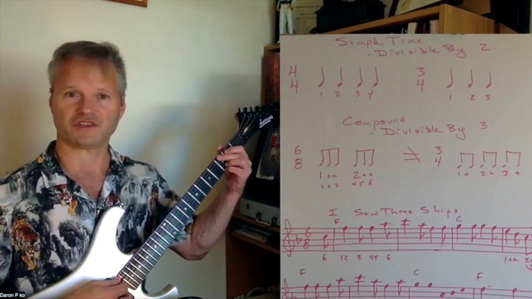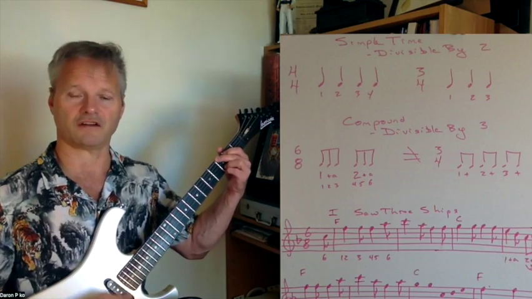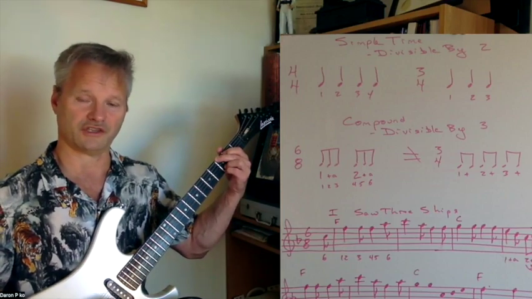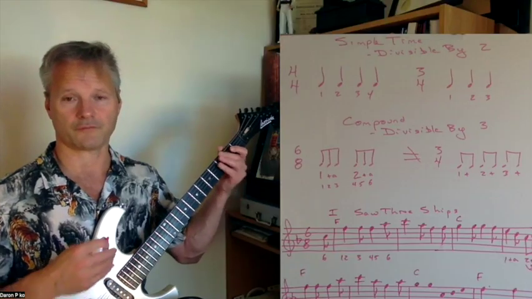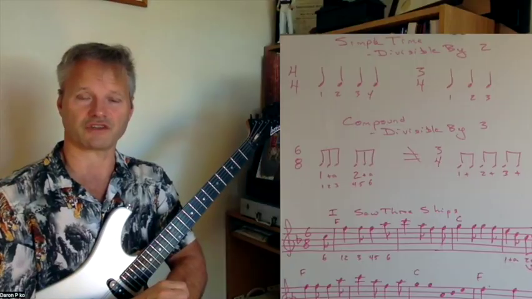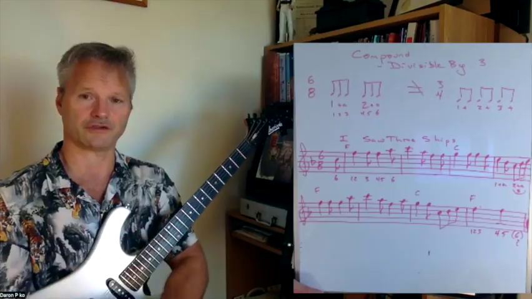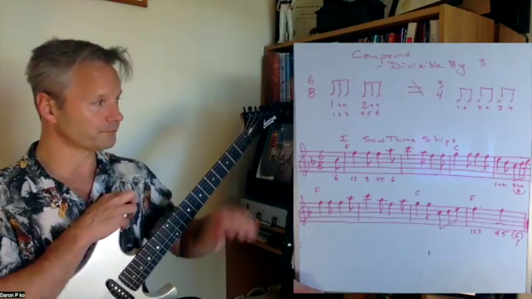But really what that is, is just swing 8s. 1 and 2 and 3 and a 4 and. And what you would hear is the 12 is really outlined sometimes on the hi-hat. You'll hear the drummer driving out all 12 for you.